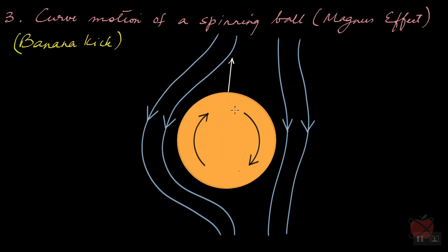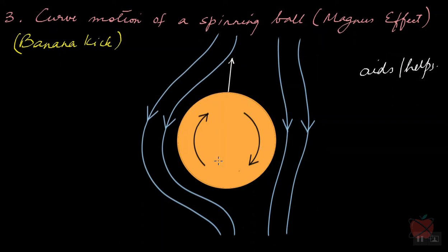Let us have a look at this part first. Here, the ball is spinning that way and the airstream is going that way, going backward. So the spinning motion of the ball aids, that means it helps the airstream to go. It pushes the airstream.